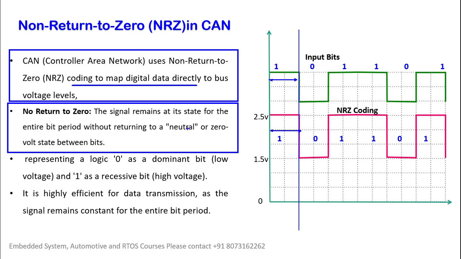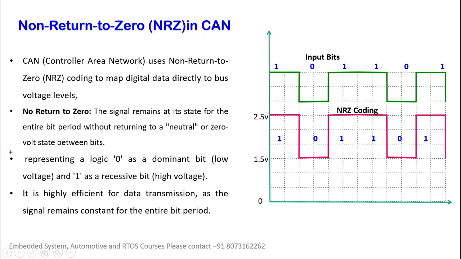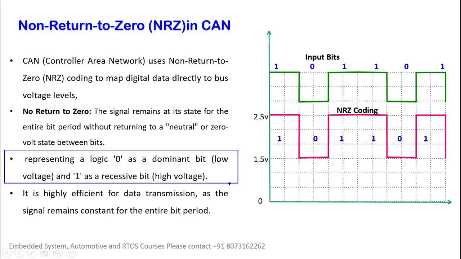NRZ coding means your CAN signal will maintain a constant voltage throughout the total time period of your signal. This is called NRZ coding. And the third point: in NRZ coding, we already know we use something called dominant bit and recessive bit.